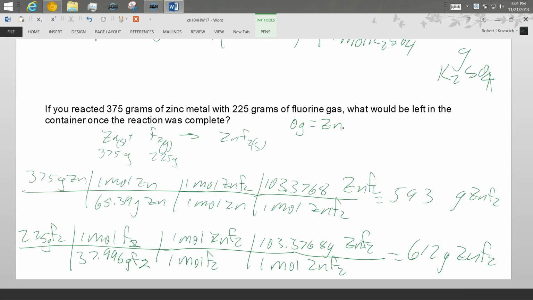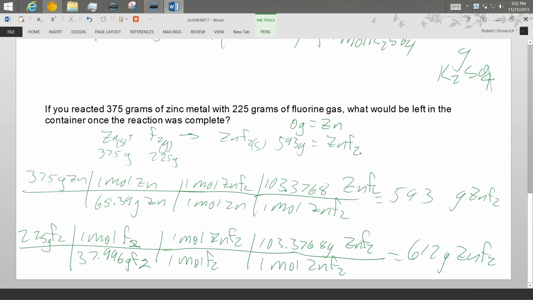What happens when I've made 593 grams of zinc fluoride? I have no more zinc, right? I've just used it all up. But it looks like you could make 612 grams if you had enough zinc because of my fluorine, but I don't have that much. So I know I've got 593 grams of zinc fluoride.